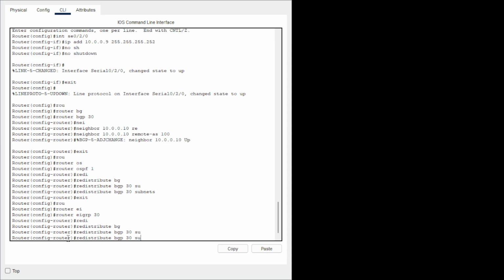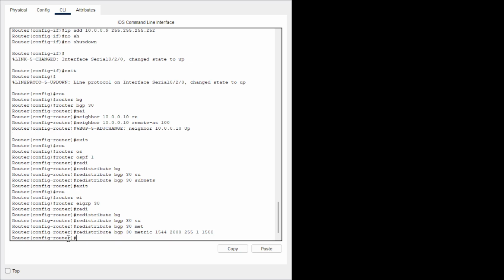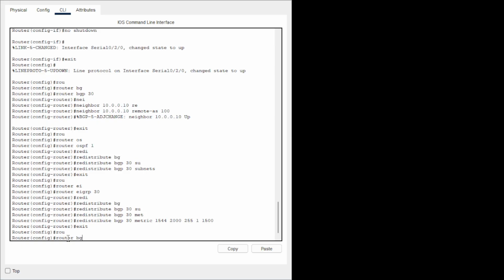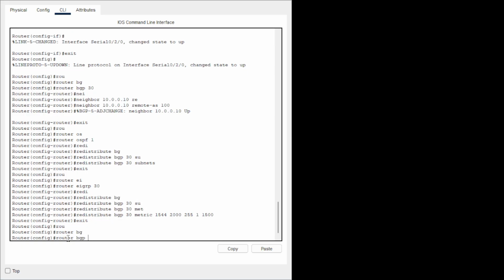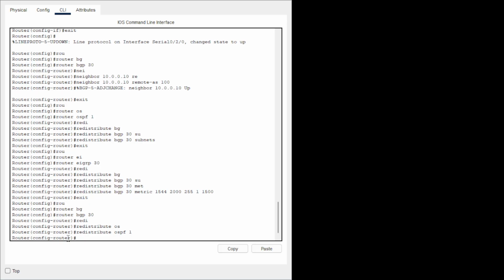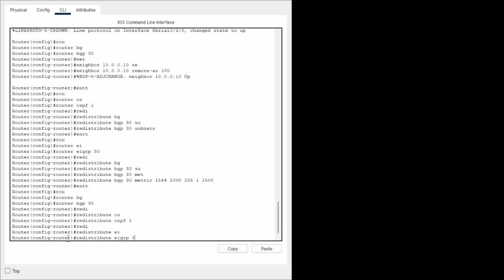No, subnets is not required. Here I have to put the metrics: bandwidth 1544, delay 2000, reliability 255, load 1, and MTU 1500. Exit. And router BGP 30, and I have to redistribute OSPF process ID 1 and redistribute EIGRP AS number 30.